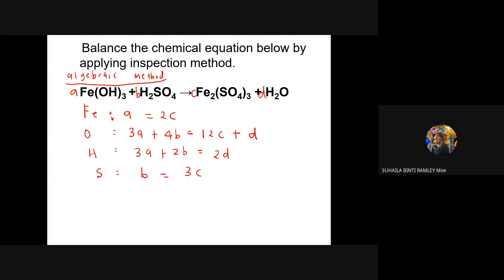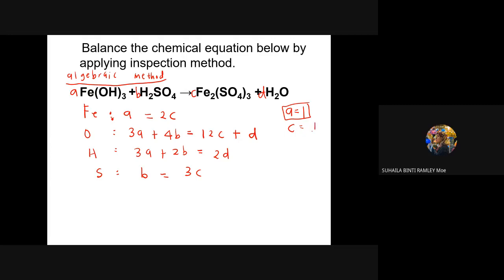Okay, so yang ni semua yang algebra. So kita perlu selesaikan what is A, B, C and D. So untuk senang kita assume one alphabet equal to 1. So kita assume, for example saya assume A equal to 1. So when A equals to 1, kita akan dapat C is 1/2.